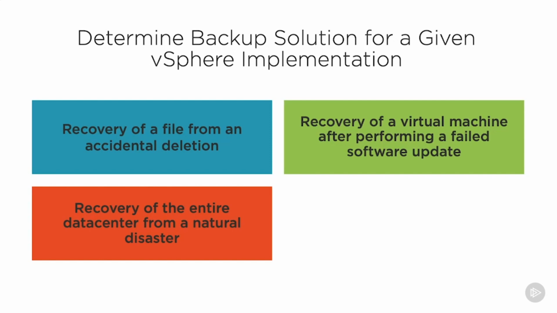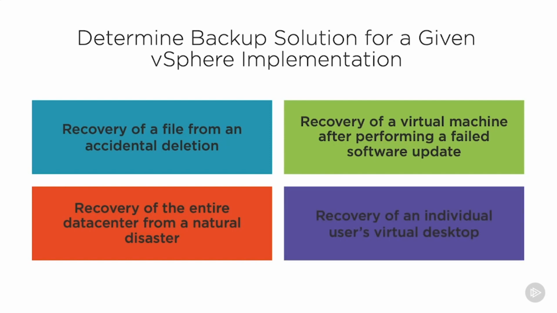The more likely scenario is the replication of individual critical virtual machines and then using backup and recovery tools such as Veeam Backup to recover any associated virtual machines that are remaining or end user applications that are critical. And then finally, recovery of an individual user's virtual desktop. Virtual desktops run as virtual machines in the vSphere infrastructure.